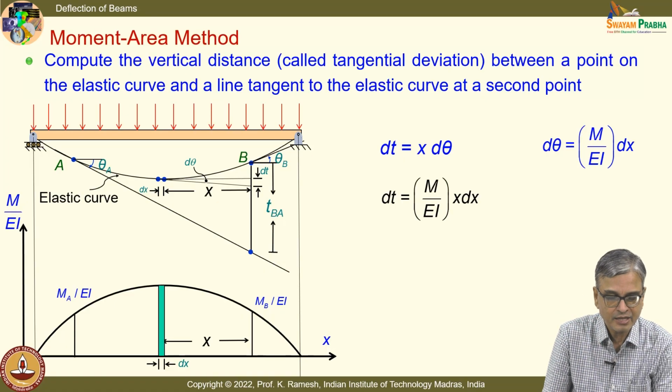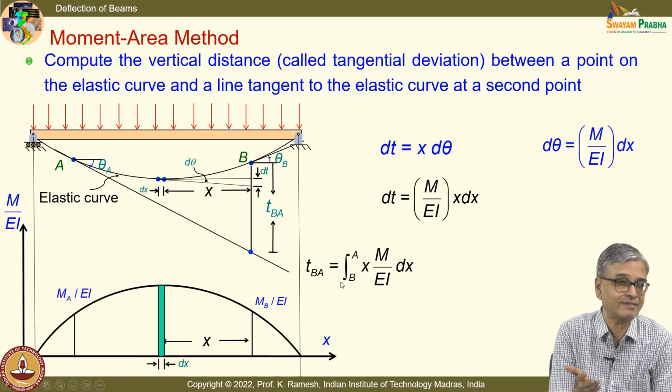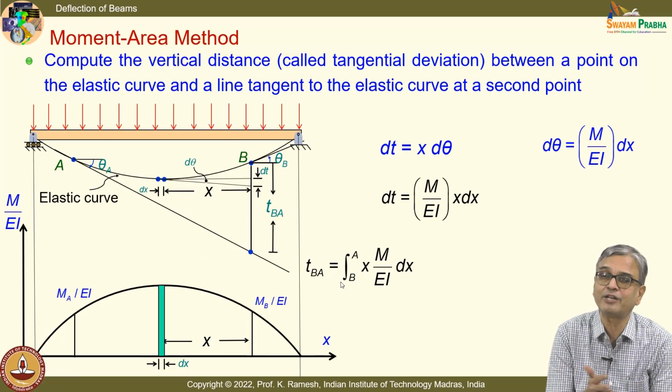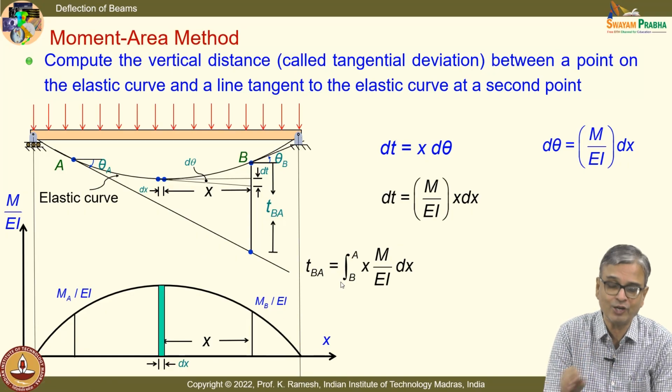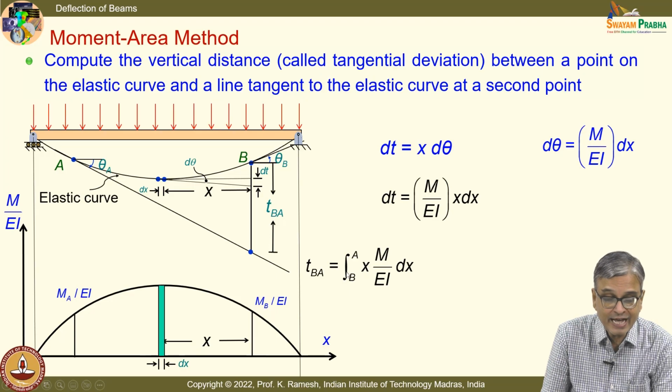Okay. And when I want to do this, I have to do the integration. I have to go from B to A. This is again very important. When you calculate the area, it does not matter, okay, whether you do it from A to B or B to A, it does not matter. But when you have to find out this quantity, because I am multiplying by the quantity x, from where I do the multiplication is very important.